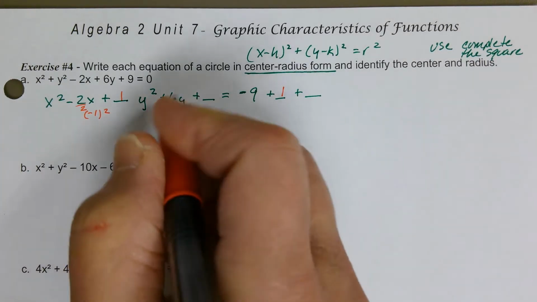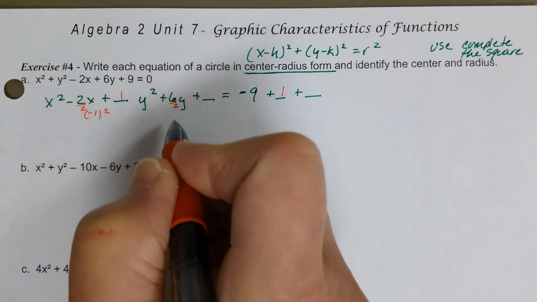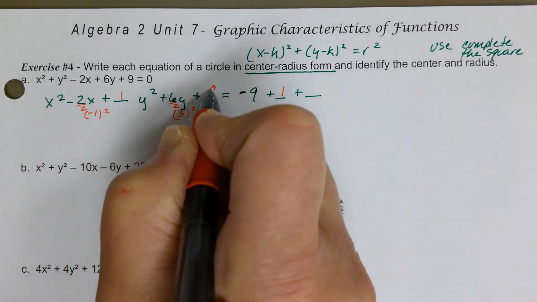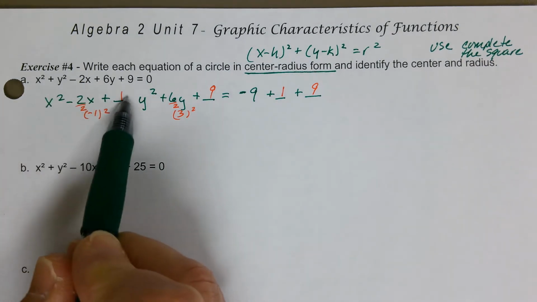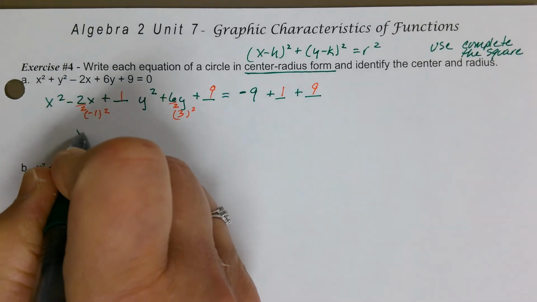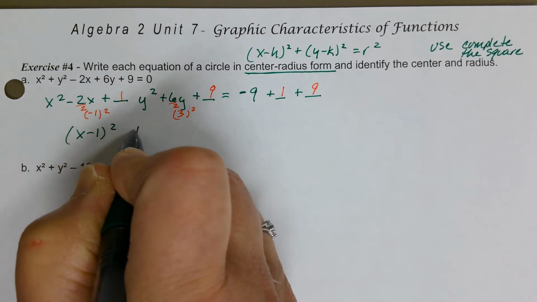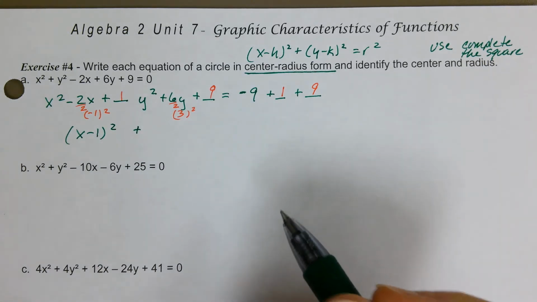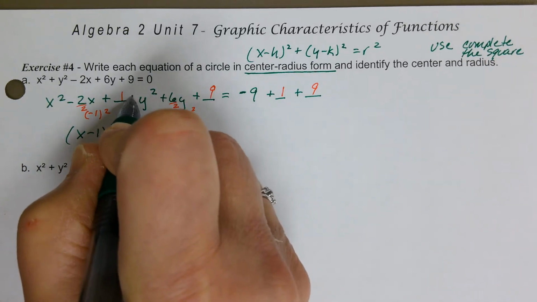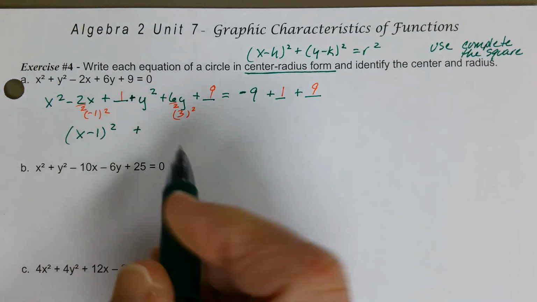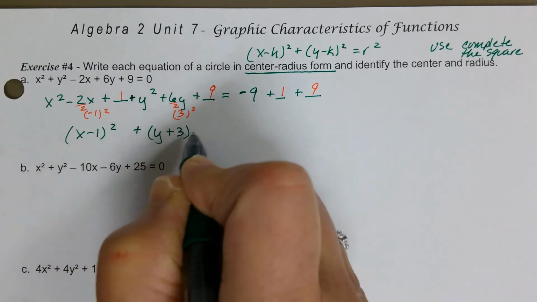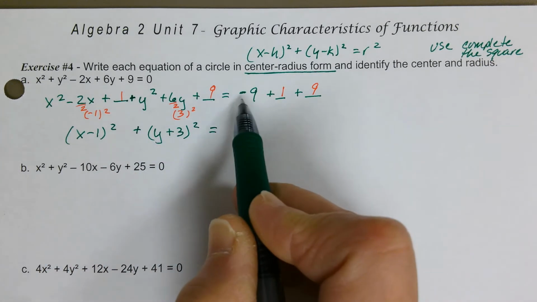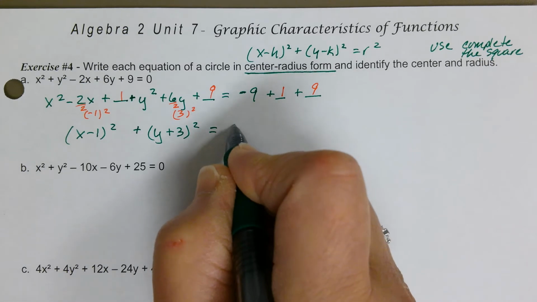And the second blank, 6 divided by 2 is 3. 3 squared is 9. 9 goes in the second blank on each side. So now we've made this into a trinomial that factors into x minus 1 squared plus, I forgot my plus sign here, sorry, let me put that in, plus this trinomial factors into y plus 3 squared equals, that's 0, 1.